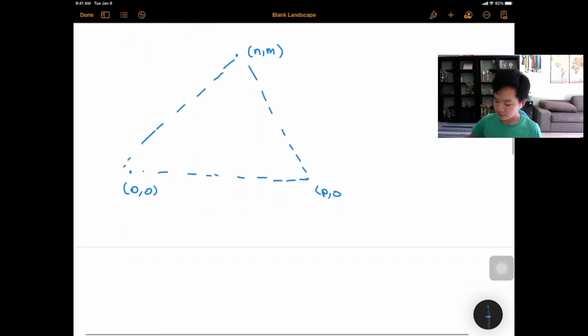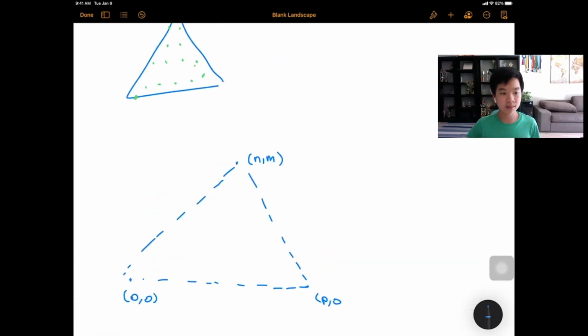All right, so the first thing that we have to know is that by Pick's Theorem, I plus B over 2 minus 1 is going to be equal to A. I is the number of interior lattice points.